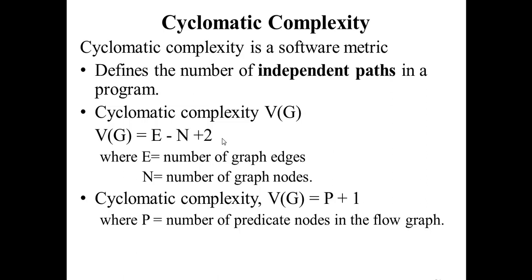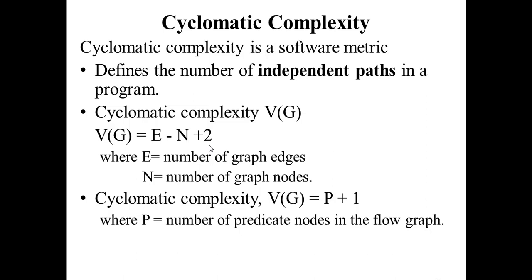The other way of doing it is that V of G is equal to P plus 1, where P is nothing but the number of predicate nodes. Now you might wonder why we add 2, why not 3, 4 or something else. The reason is that the plus 2 accounts for the node from where two different paths will be taken.